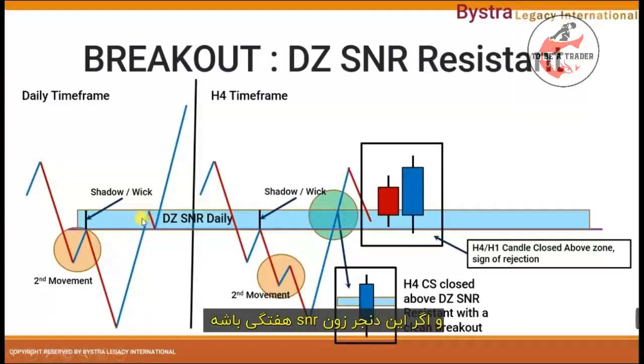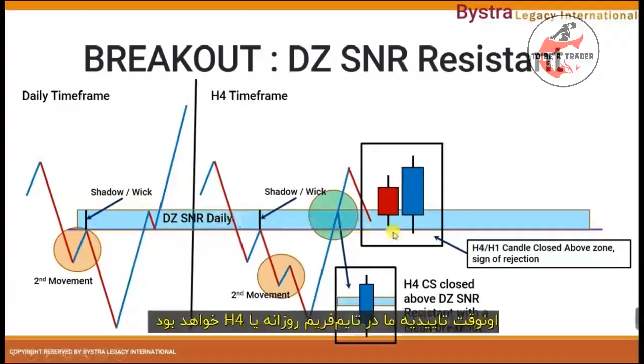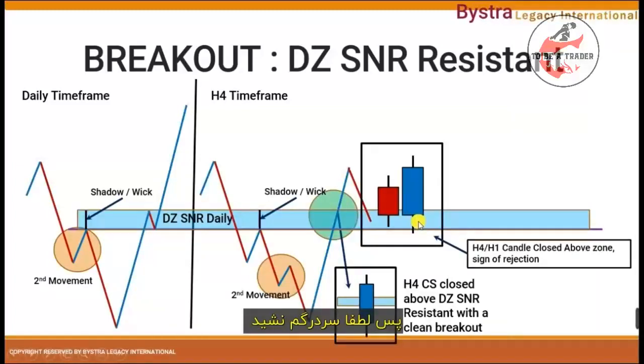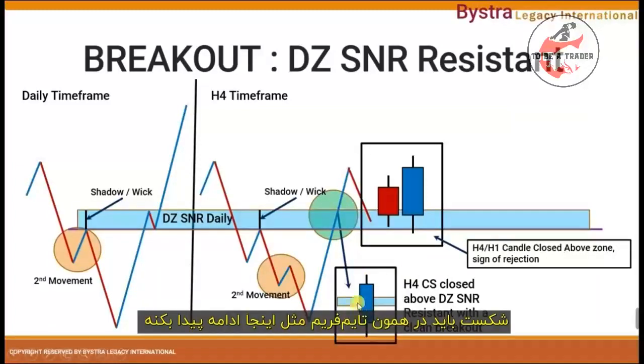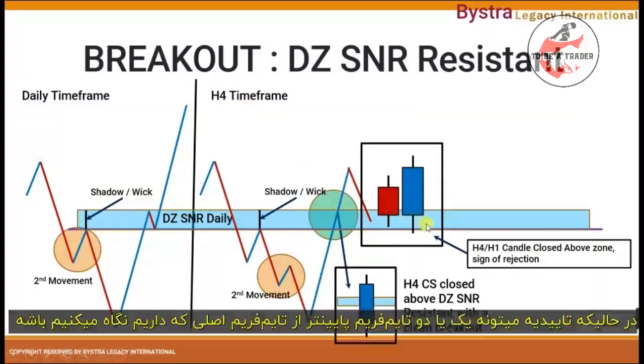If this one is a danger zone SNR weekly, then our confirmation is at the daily time frame or the H4 time frame. So please don't get confused. The breakout has to follow the same time frame as this, whereas the confirmation can be 1 or 2 time frames lower than the origin time frame that we are looking at.